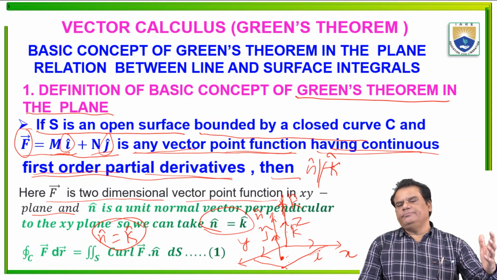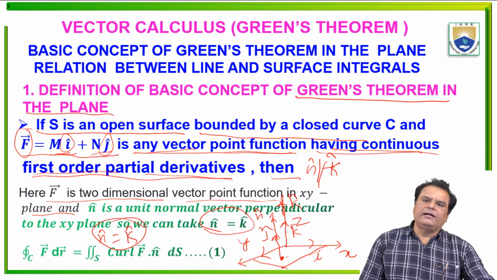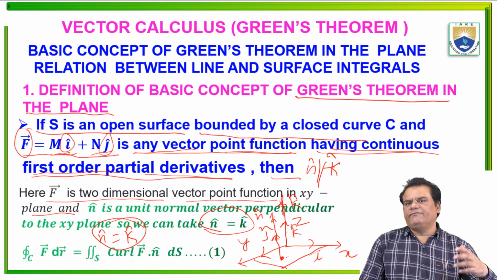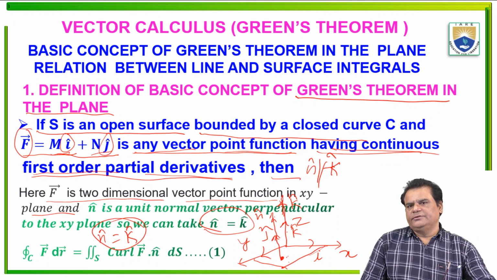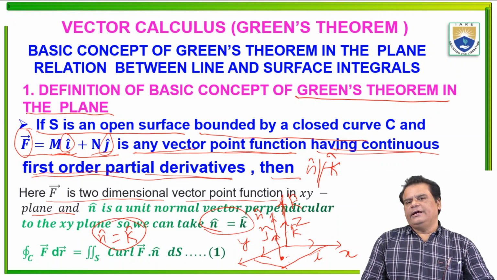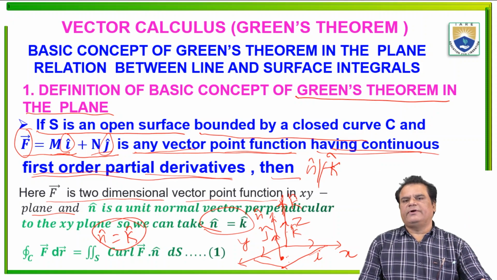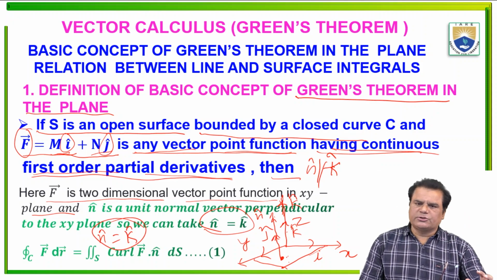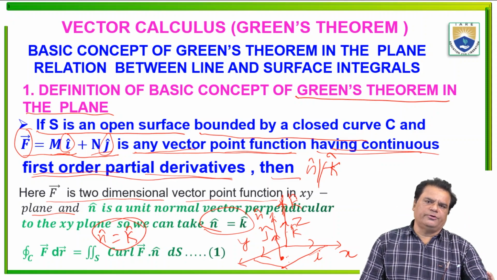In Stokes theorem, the n vector is not parallel to the k vector. The direction of n is different. So the n unit vector is equal to cos alpha i plus cos beta j plus cos gamma k in Stokes theorem.